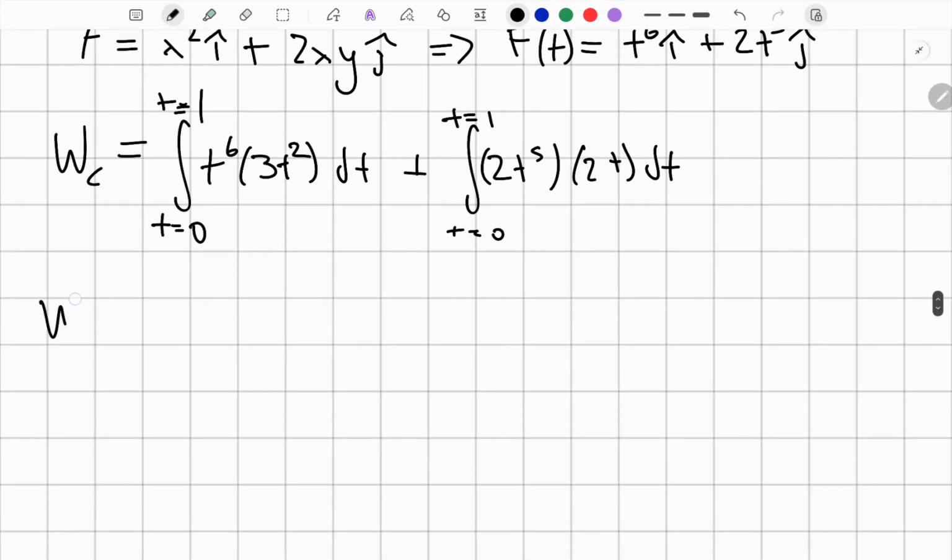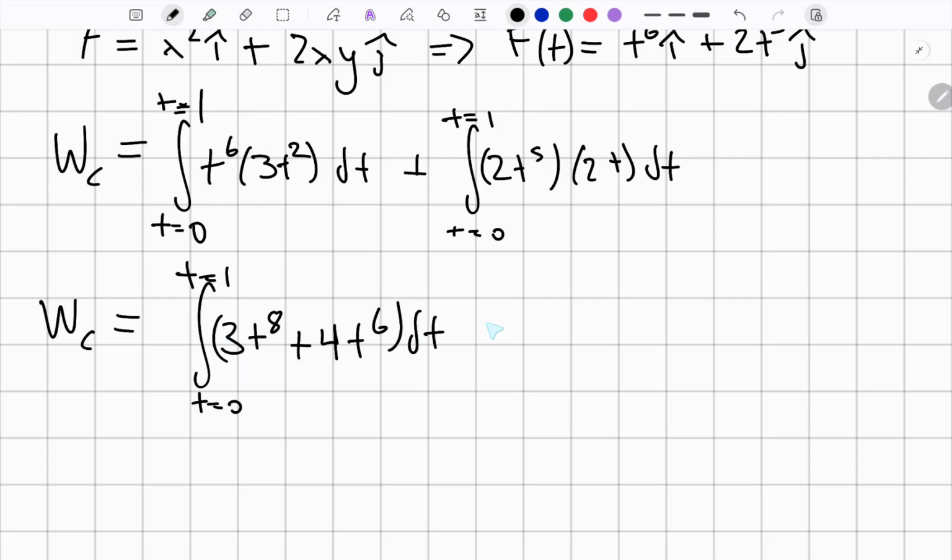And we're going to get work along the path C is equal to the integral from t equals 0 to t equals 1 of 3t to the 8th plus 4t to the 6th dt.